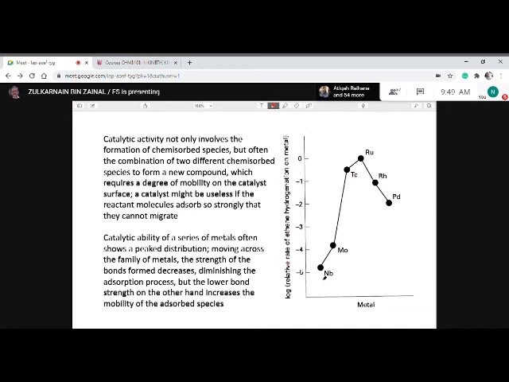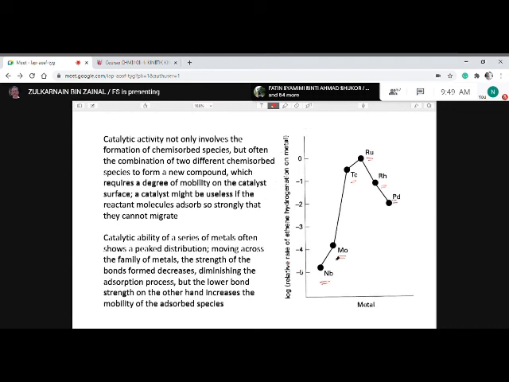So you have got different substrates here: niobium, molybdenum, ruthenium, rhodium, palladium, right? You can see that the rate of reaction is different for different substrates or catalysts. For niobium, the rate is very low.